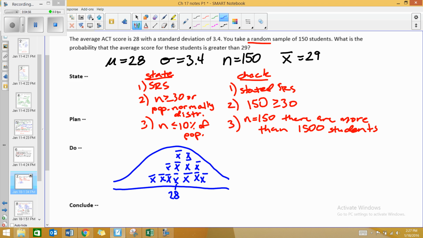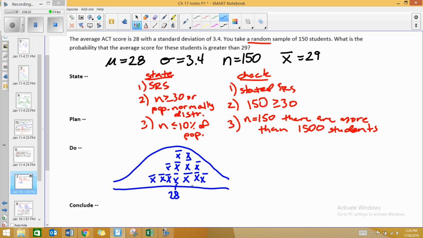But maybe I collect a sample of 150 students, and I get a strange amount of AP students who likely did better on the ACT, so now that sample average is slightly above the true average. There's going to be some variation from sample to sample, but the majority will fall very close to that true average of 28.